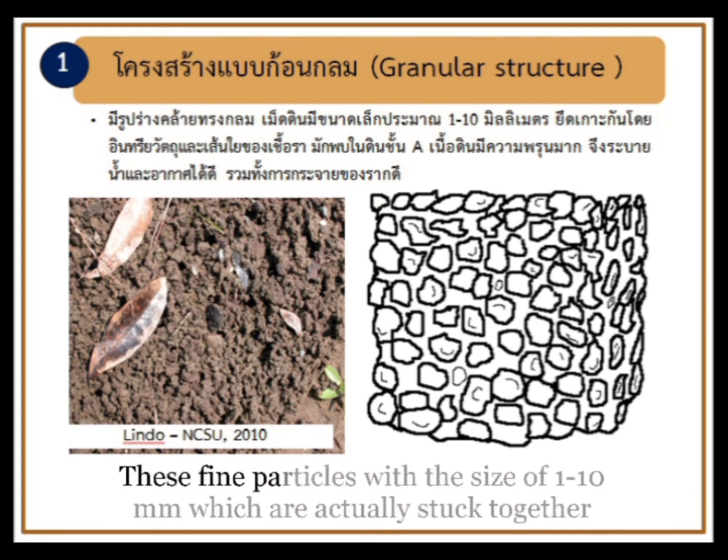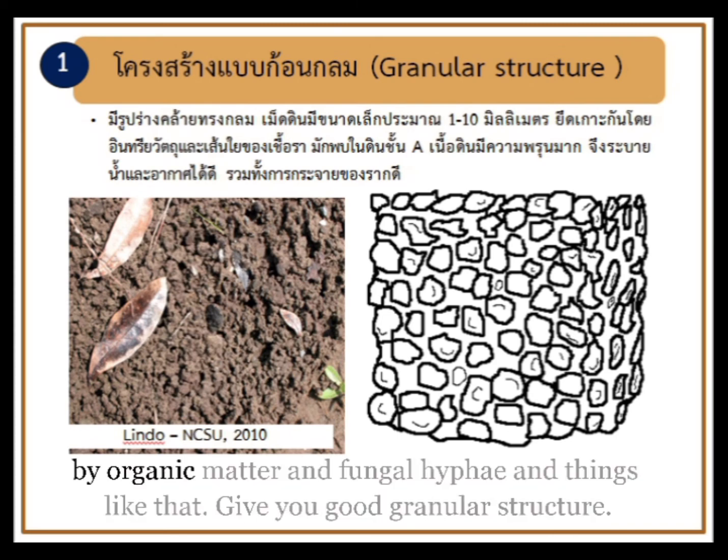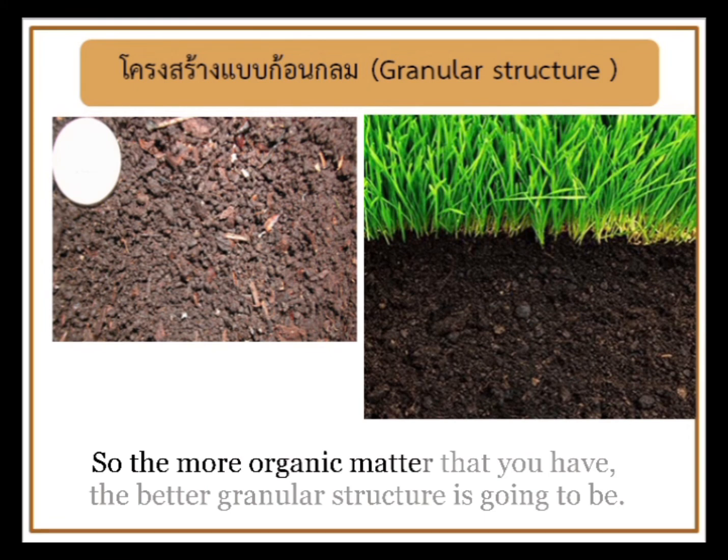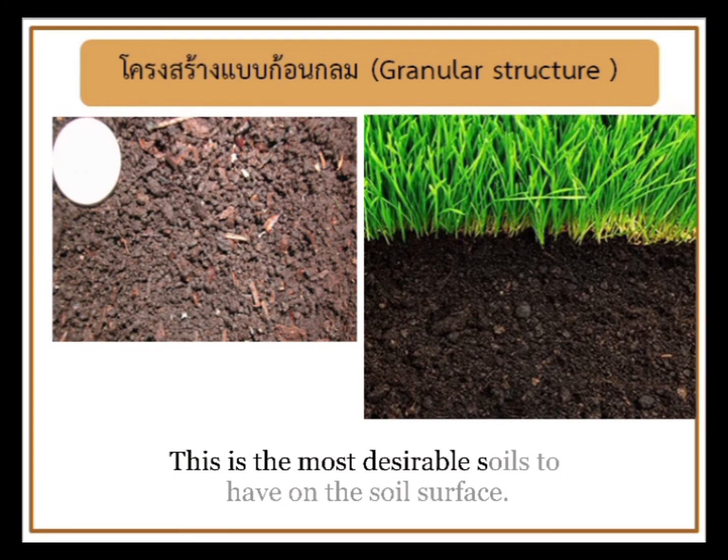These fine particles with the size of 1 to 10 millimeters are stuck together by organic matter and fungal hyphae and things like that, giving you a good granular structure. So, the more organic matter that you have, the better granular structure is going to be. This is the most desirable soil to have on the soil surface.